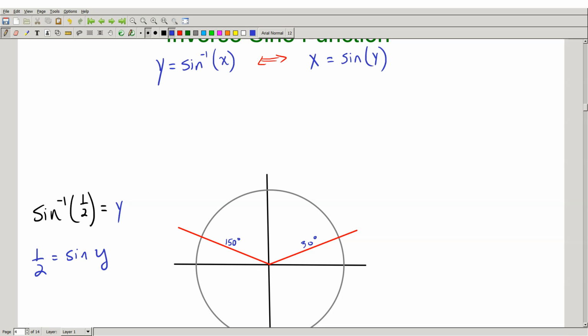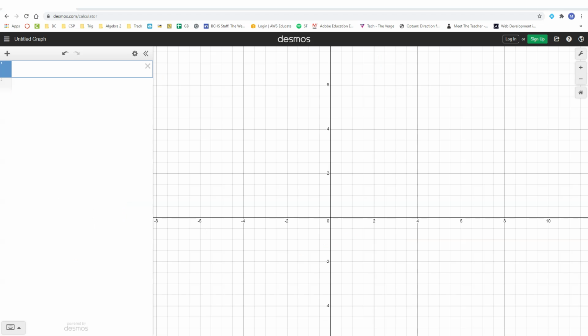We're trying to find the angle that makes this true. So the sine of 30 degrees is 1/2. The sine of 150 degrees is 1/2. But which one do we choose? We're going to have to come up with some rules to make sure that we have one answer. Let's look at Desmos to see how we're going to make these rules.